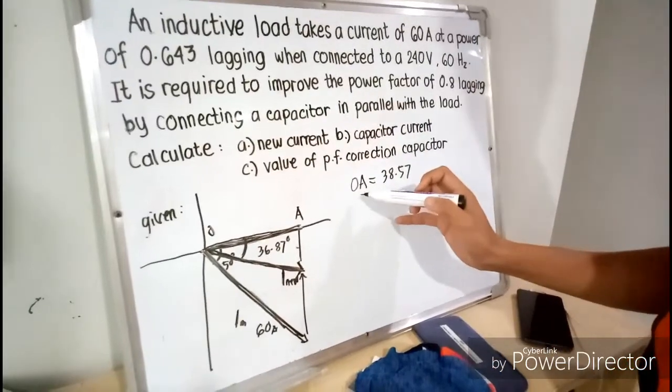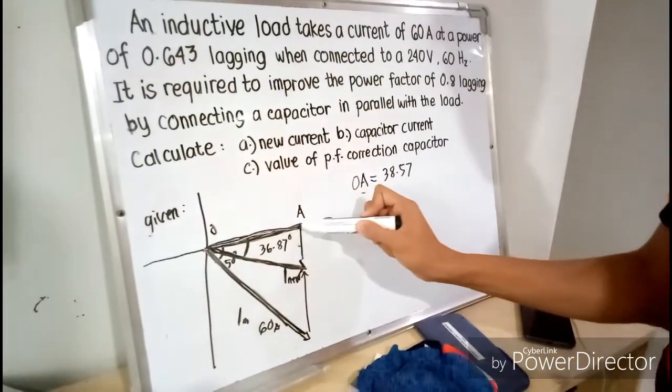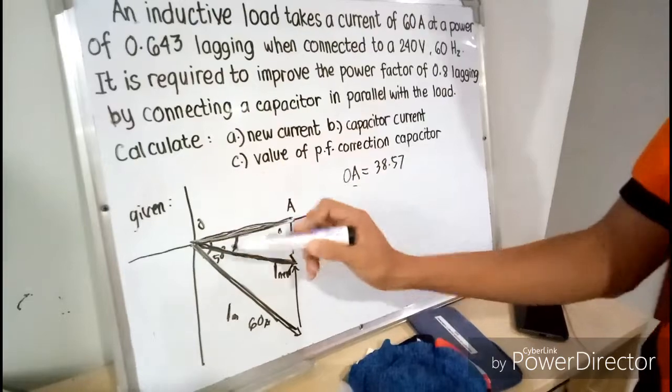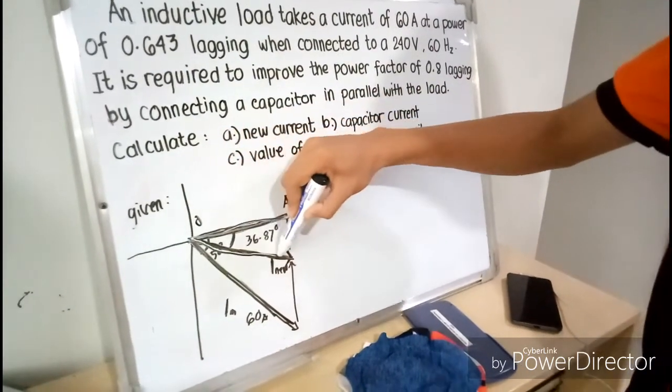Since we obtained the value of point O to A, we can now solve for the new current.